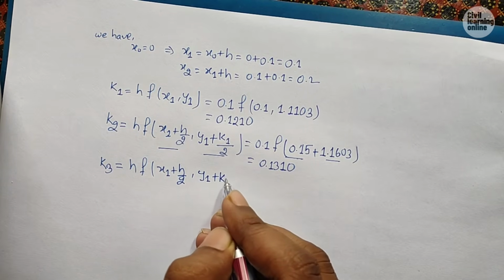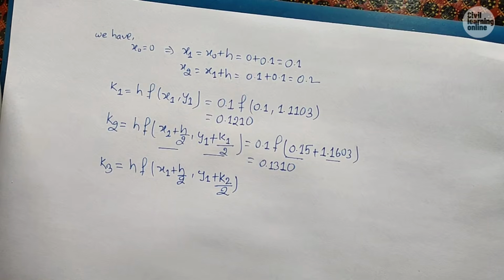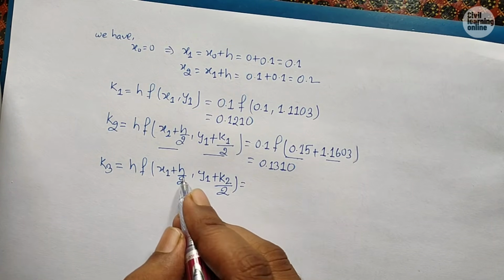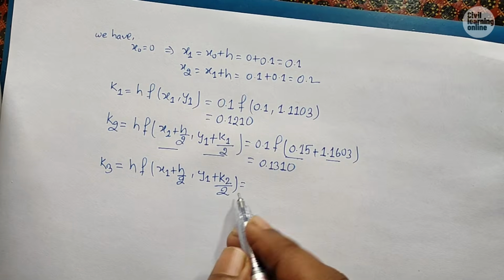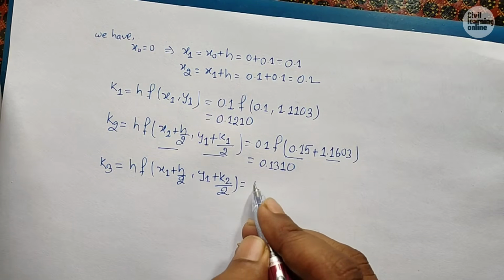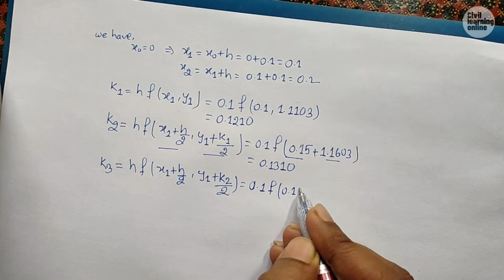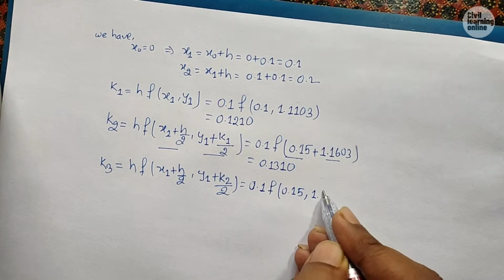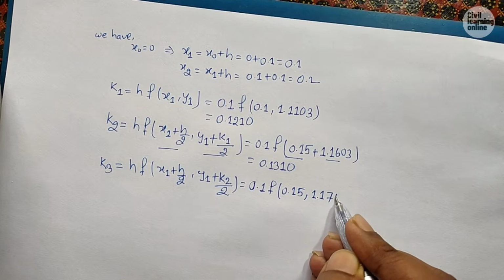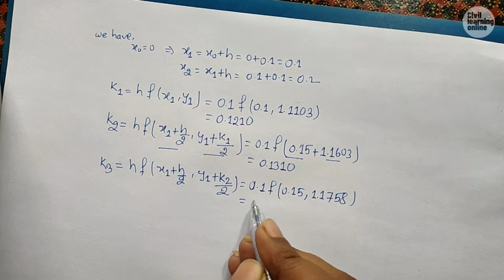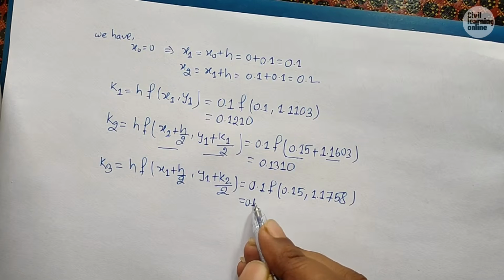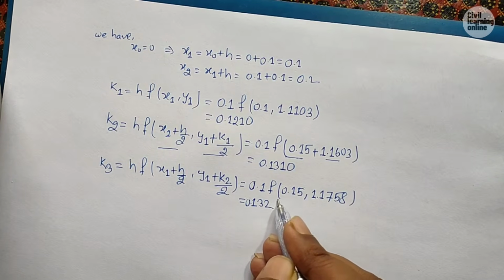Now calculate the value of k3, and k3 equals h f(x1 plus h by 2, y1 plus k2 by 2). So put the value of x1, h by 2, y1, k2 by 2. Then we will get here 0.1 f(0.15, 1.1758). Solve this, we will get 0.1326.